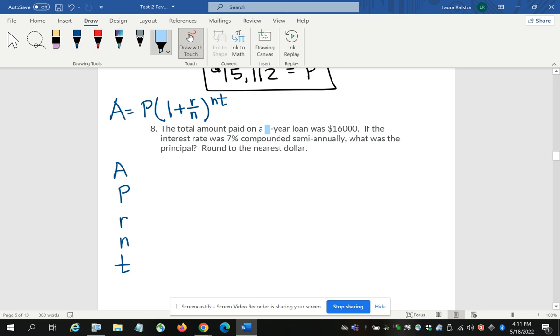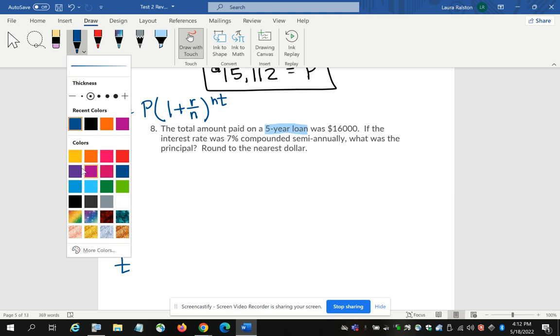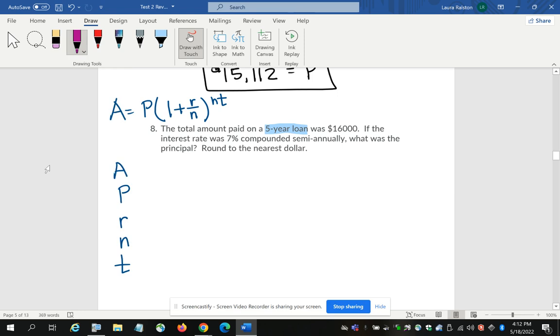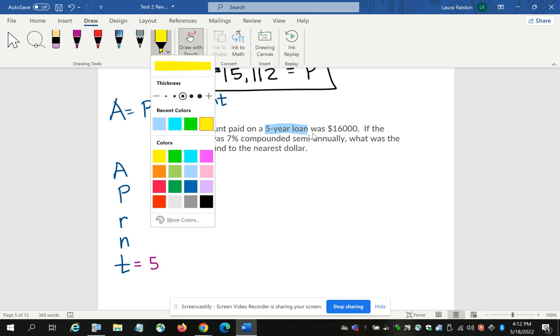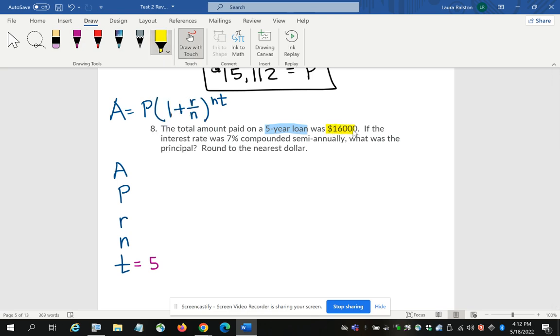It says the total amount paid on a 5-year loan. So we took out a loan that we had to pay back over a 5-year period. So my time is 5 years. The amount that I paid at the end of that 5-year period was $16,000.